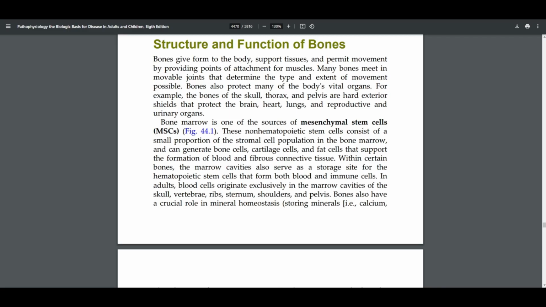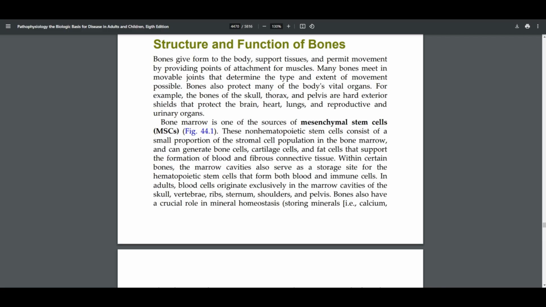Within certain bones, the marrow cavities also serve as storage sites for the hematopoietic stem cells that form both blood and immune cells. In adults, blood cells originate exclusively in the marrow cavities of the skull, vertebra, ribs, sternum, shoulder, and pelvis.